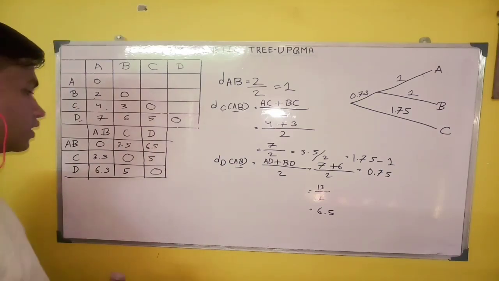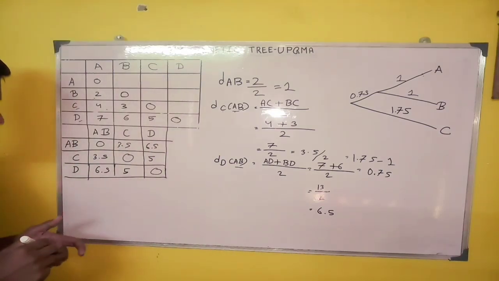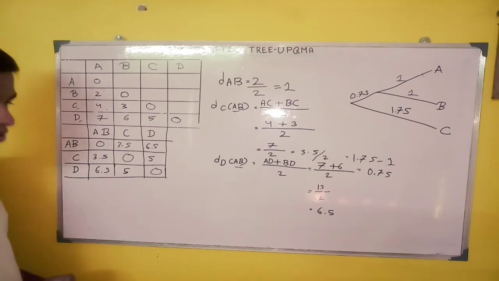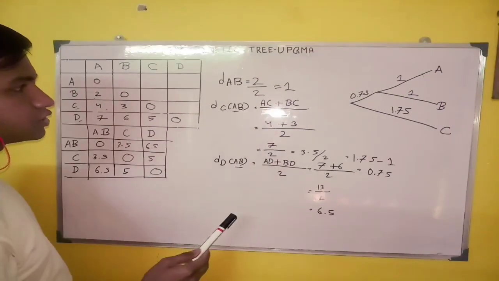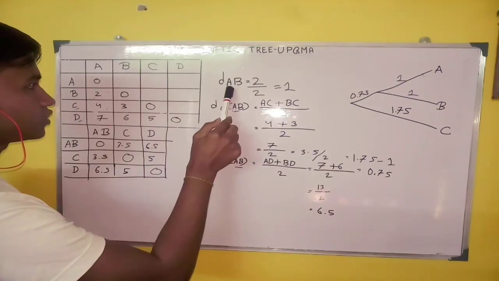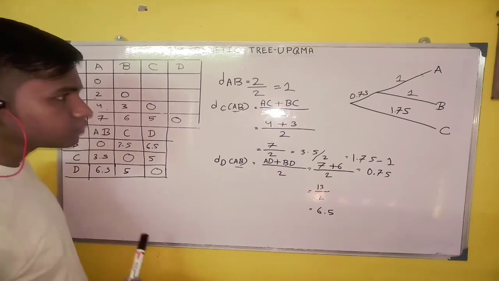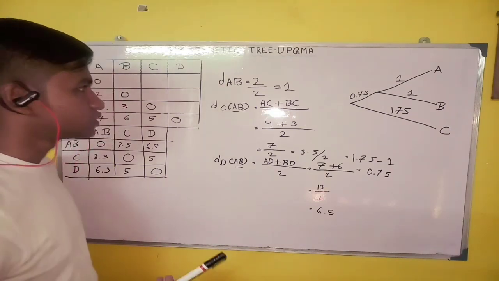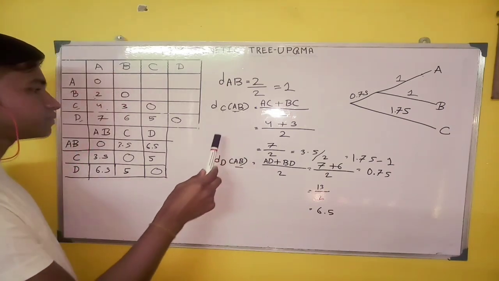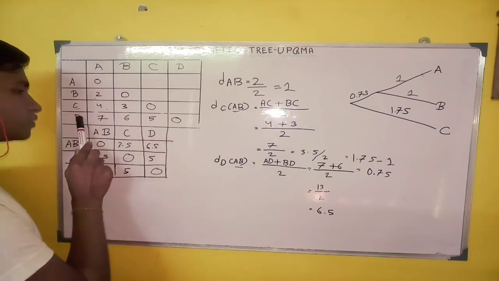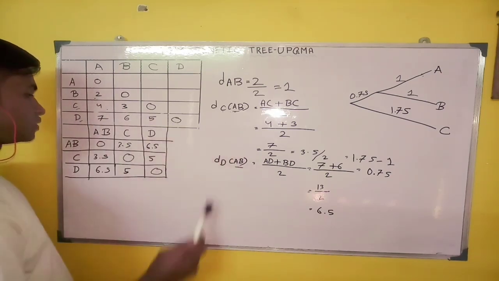Now one root is left, which is D, so we have to do another calculation. Before that, we started our phylogenetic tree with AB, because AB has the lowest distance, and we determined the distance of C and D in respect of AB.